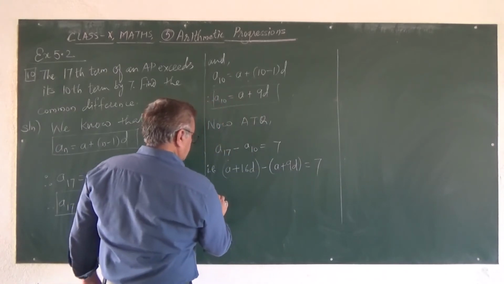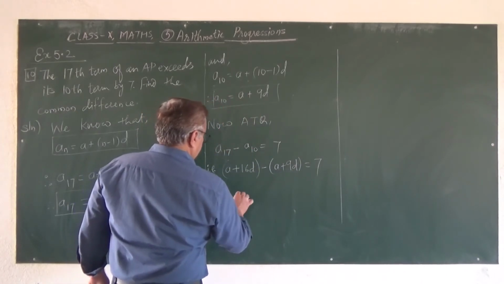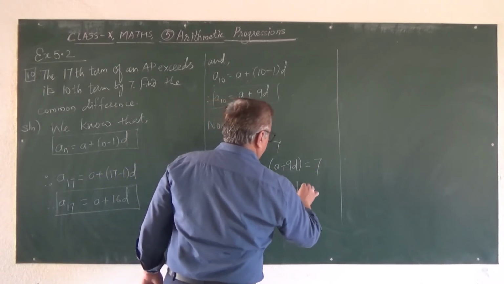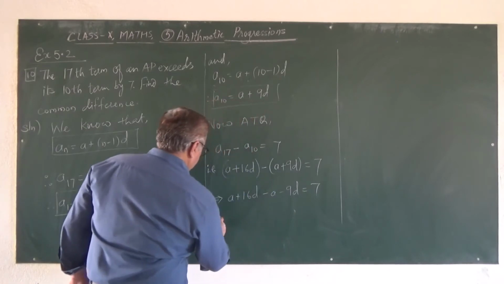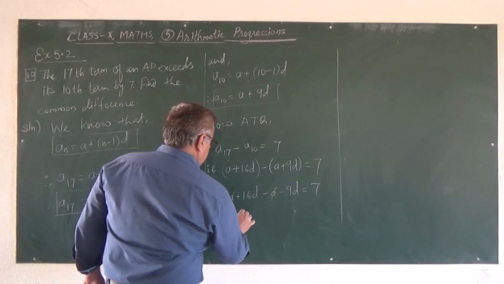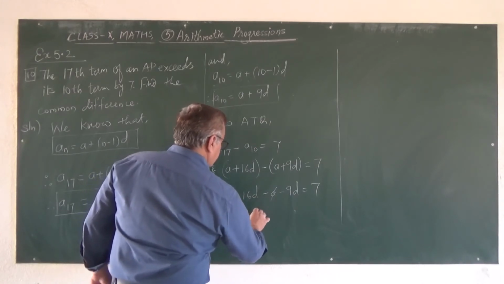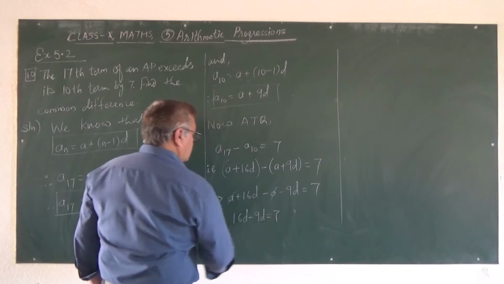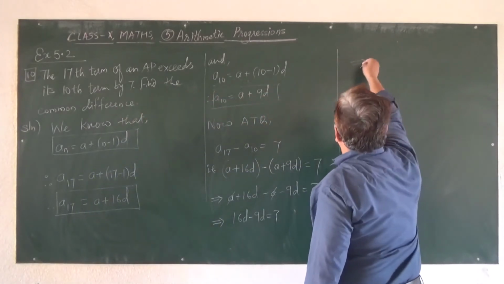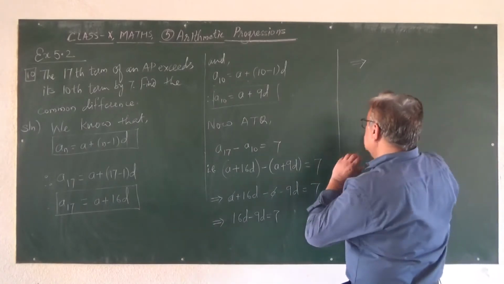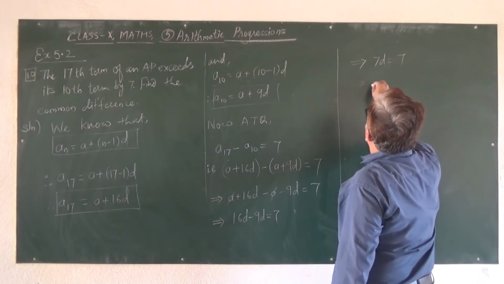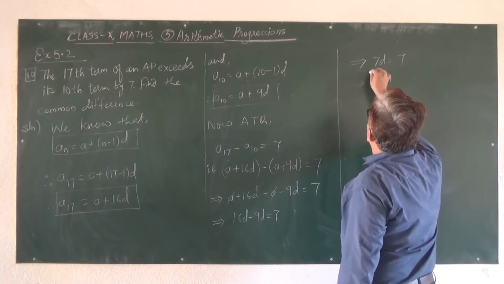So what does it imply? a plus 16d minus a minus 9d is equal to 7. So plus a minus a cancels, 16d minus 9d is equal to 7. So what is 16 minus 9? 16 minus 9 is 7d. So 7d is equal to 7. So therefore d is 1.